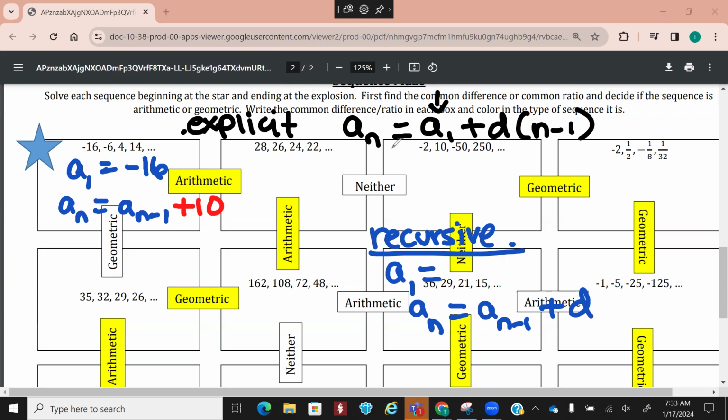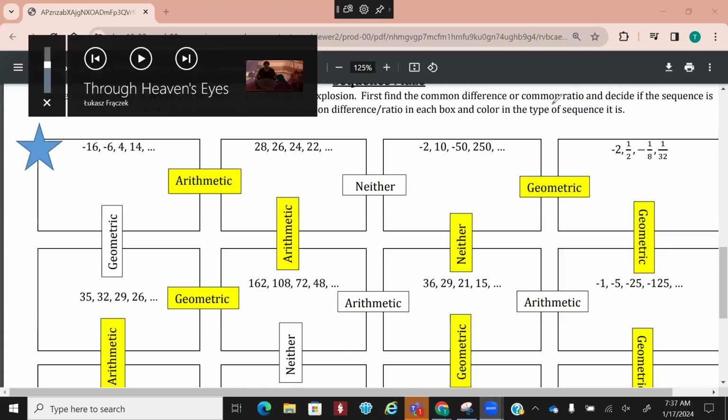Okay? So can you take a moment, and I want you to write the explicit and the recursive for this next one. And again, you can do it in this box, or you can do it on the back, or you can do it at the bottom. It's up to you. Okay, so what is this going down by each time? -2, right? Okay, so for the explicit, we're going to write this out as a sub n equals, what's our first term?